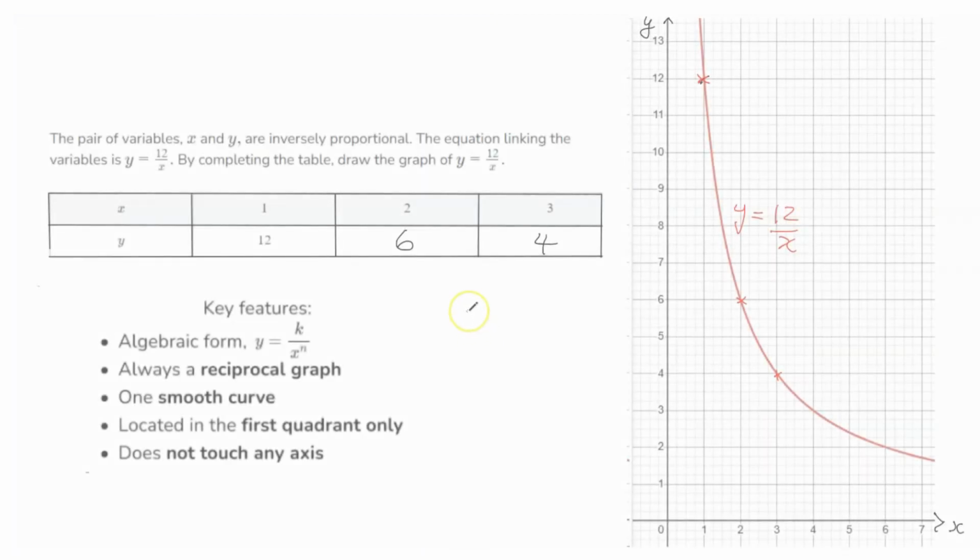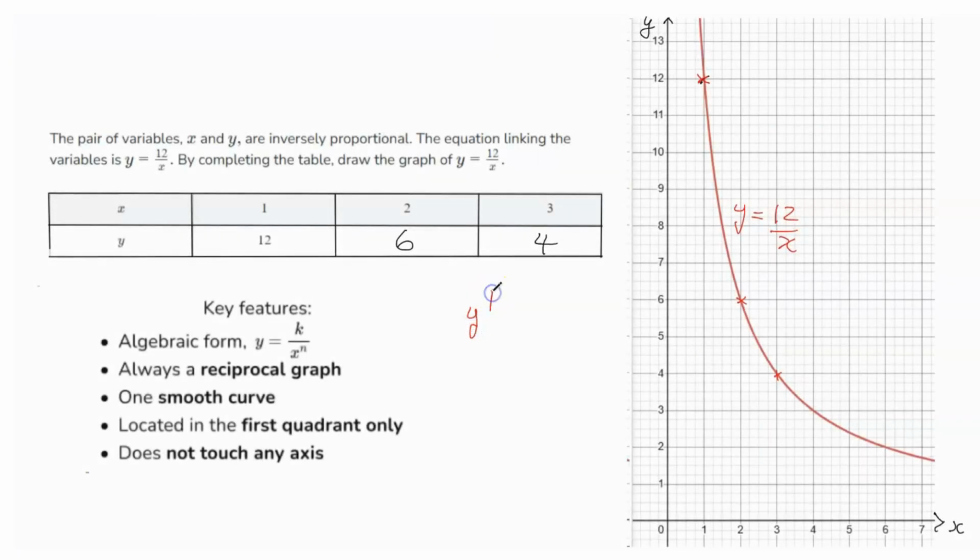When y is increasing, the x value is decreasing. The general equation for things that are inversely proportional is of the form y is equal to k over x to the n, some value of n.